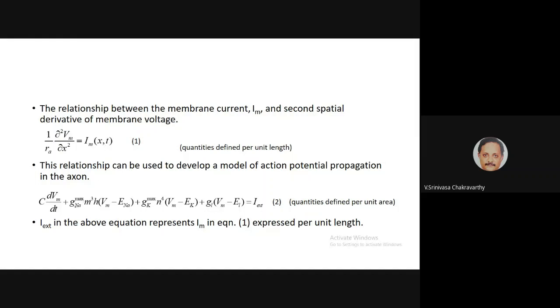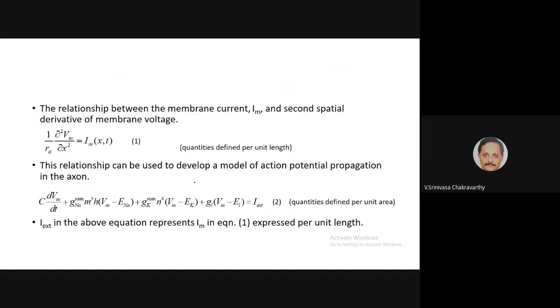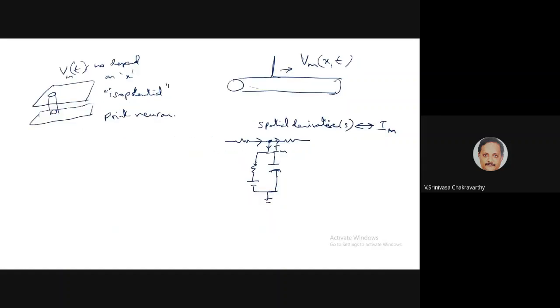Now the Hodgkin-Huxley model is given here, equation 2, which tells you how the voltage varies as a function of all the ion channel kinetics at a given point. So there is no space here. Like I said, the spatial derivative must be related to the Im. In the passive cable, Im is simply the combination of the current through the passive ohmic resistance and the capacitance.